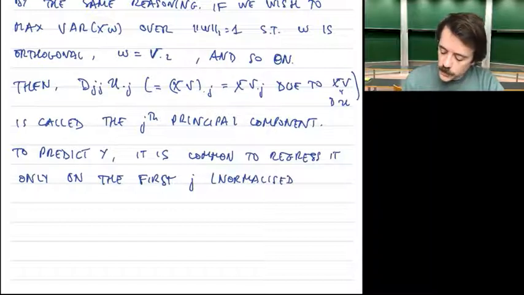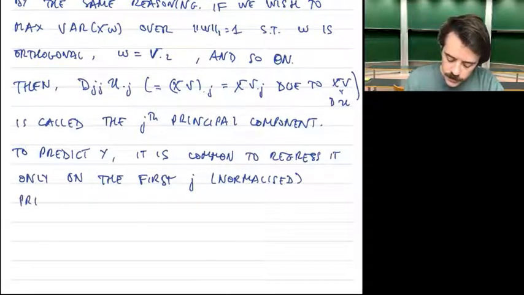Remember, we said we want an orthonormal basis. So the first j normalized principal components.